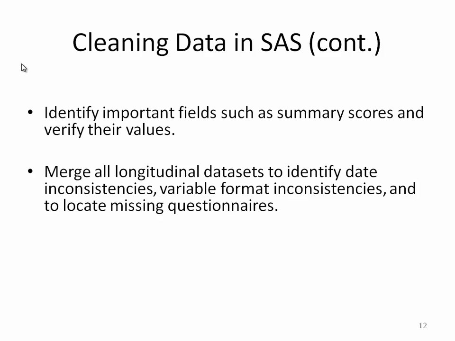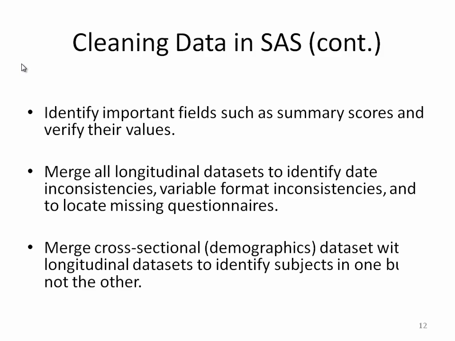And then you always want to merge the cross-sectional data set, the demographic data set, with the longitudinal data set, with the visits data set, to identify subjects who are in one data set but not the other. And you may also want to get the date of birth into the longitudinal data set so that you can calculate age and other such variables. But this is only a temporary merge, okay?